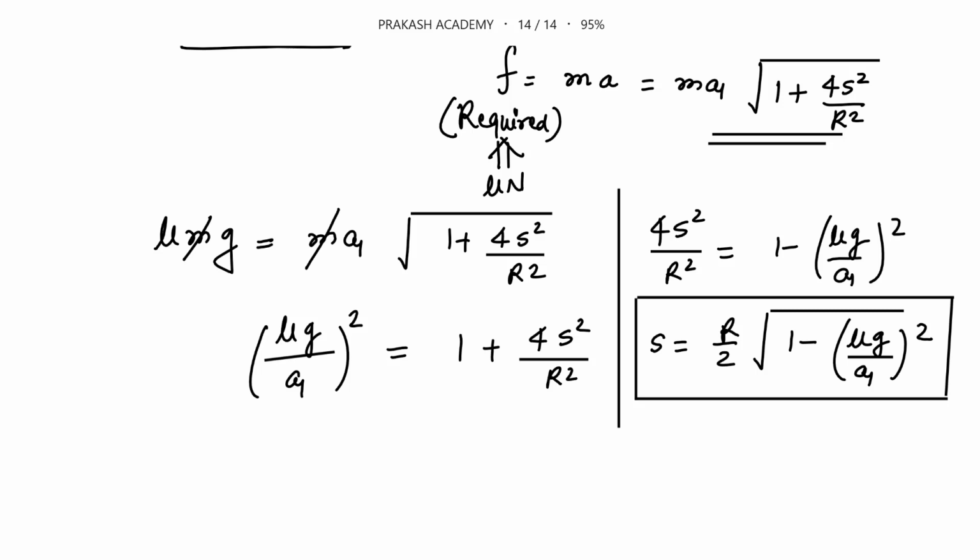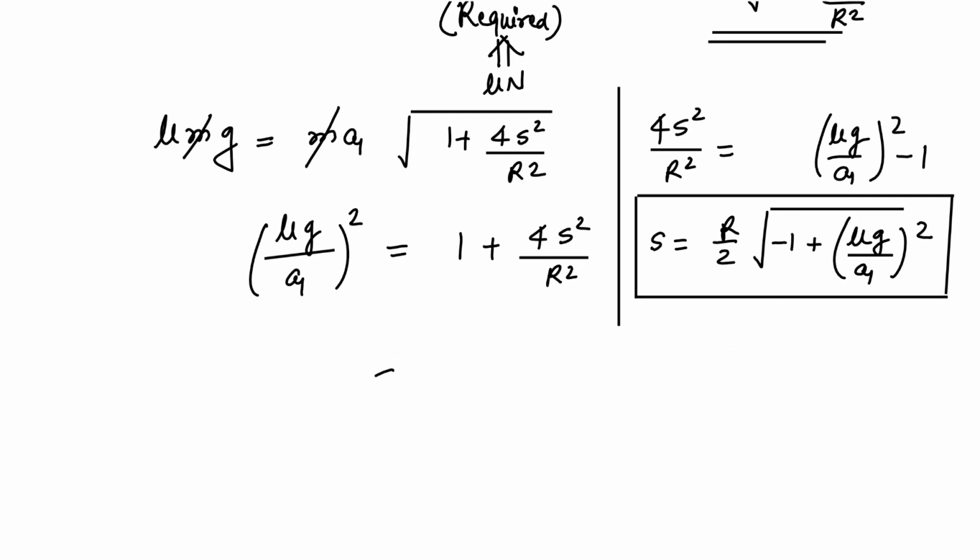Basically there is a mistake here, so this will be minus 1. So s = r by 2 times the square root of (mu g by a1) whole square minus 1. This is the maximum distance traveled by the car before skidding takes place.